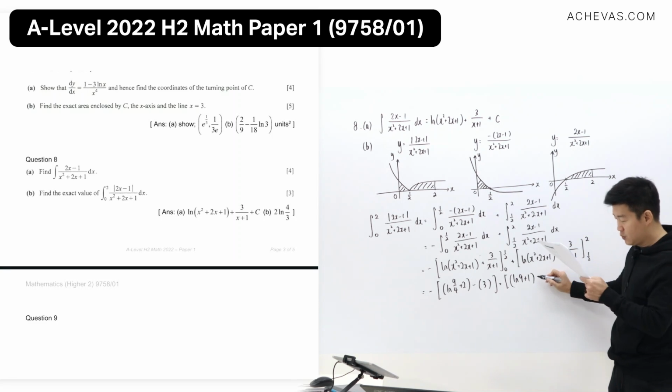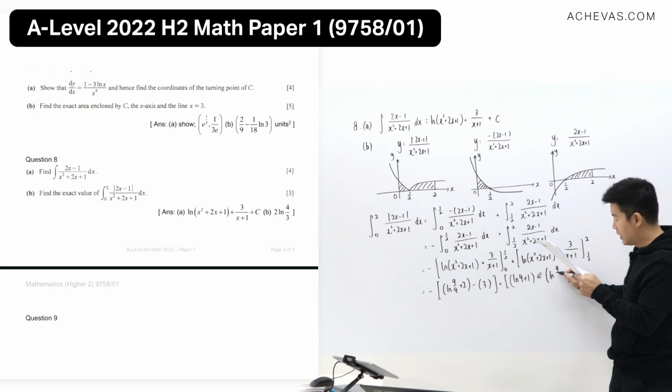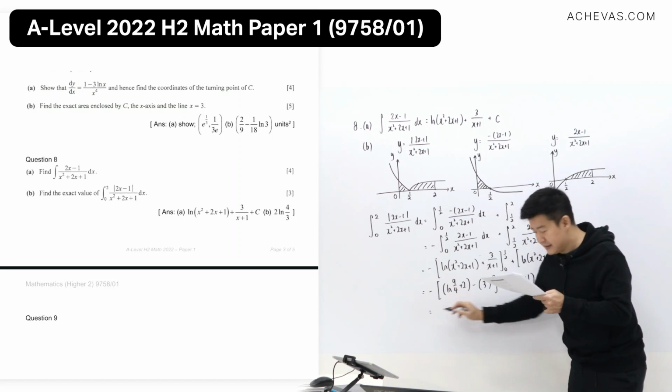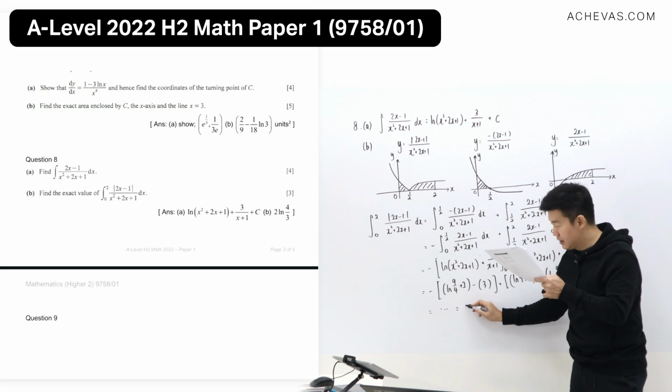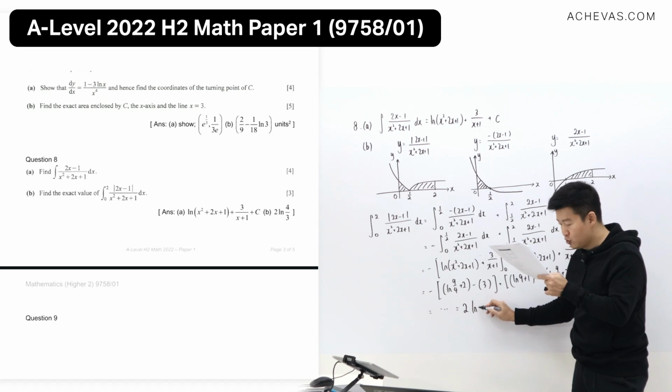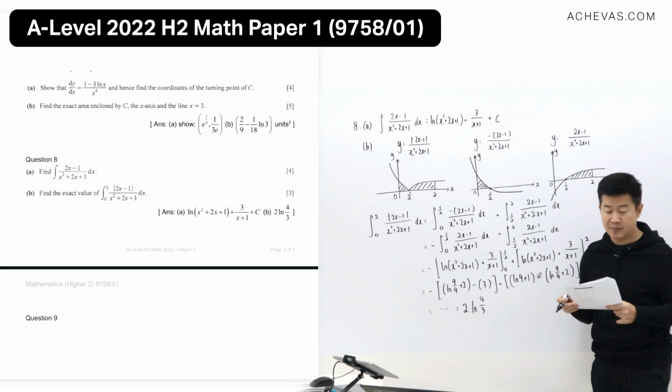Substituting half in, we are going to be getting a minus ln 9 over 4 plus 2. And if you were to continue to simplify this, you will eventually get a number that is 2 ln 4 over 3. So this is for question number 8.